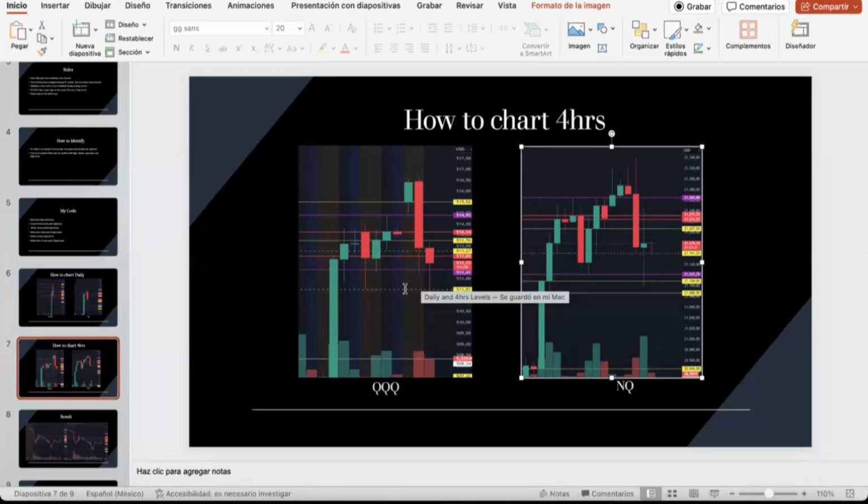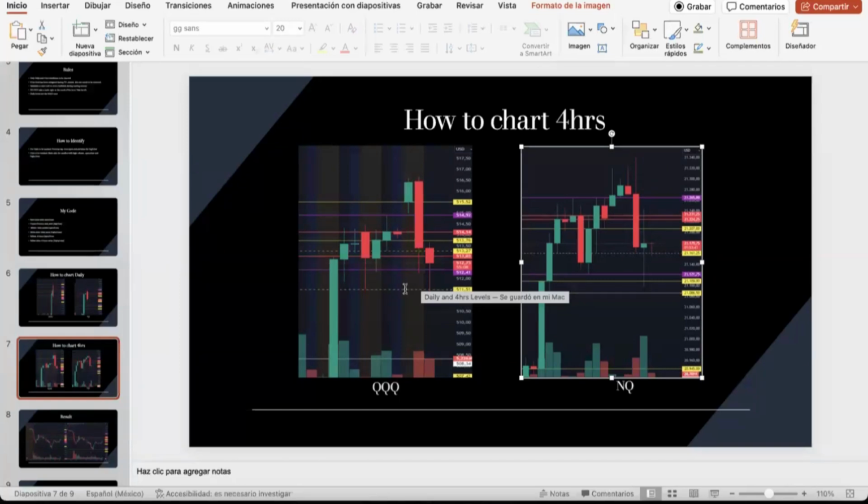If you go back, let's say 1 week, 4 days, you will find 4 hour candles with high volume that have not been touched. So those levels are valid to mark, valid to chart. It could be recent, could be old. That's why you need to go back in your chart.